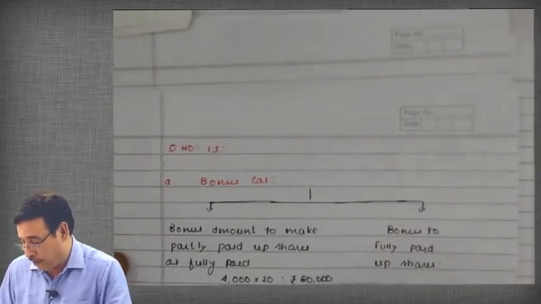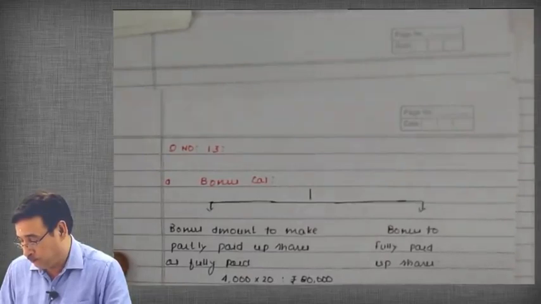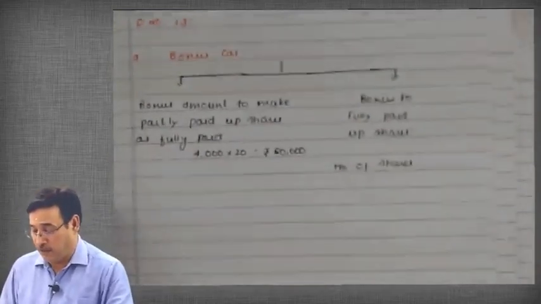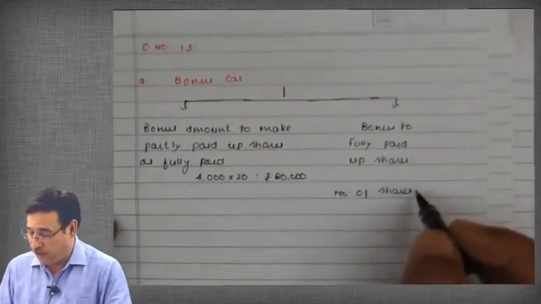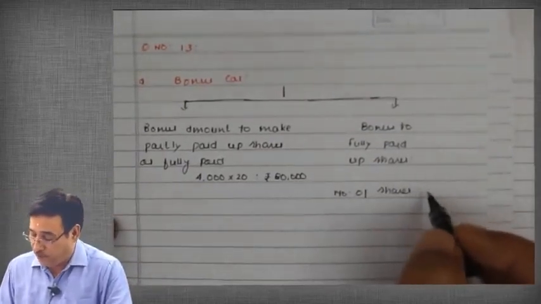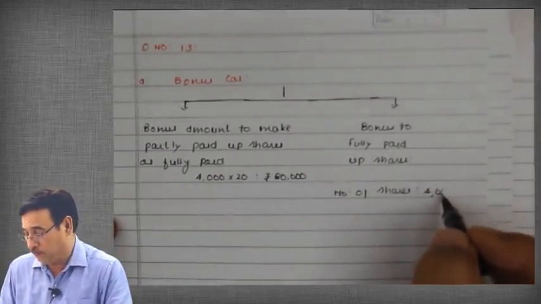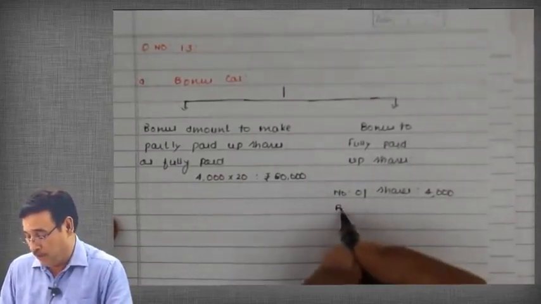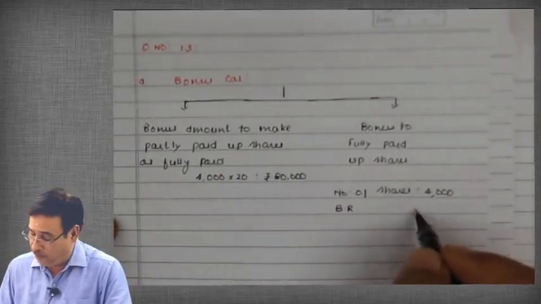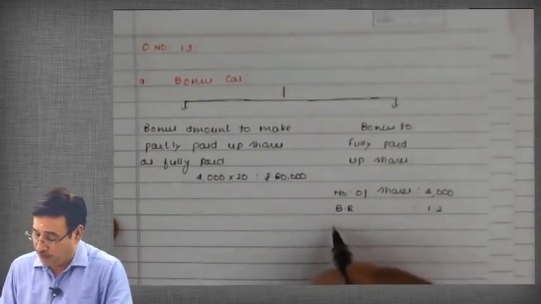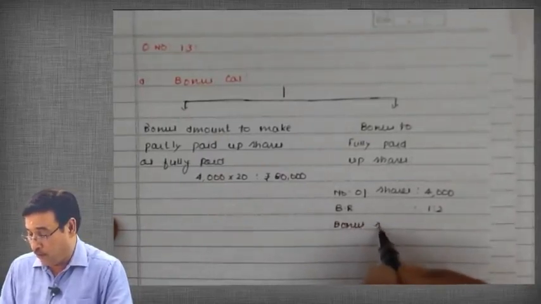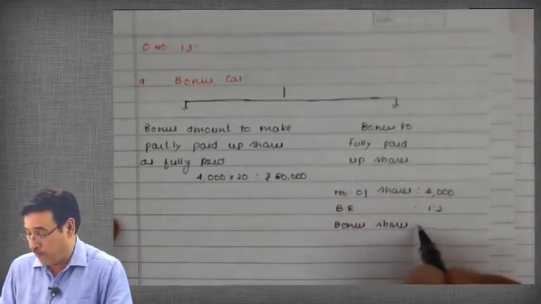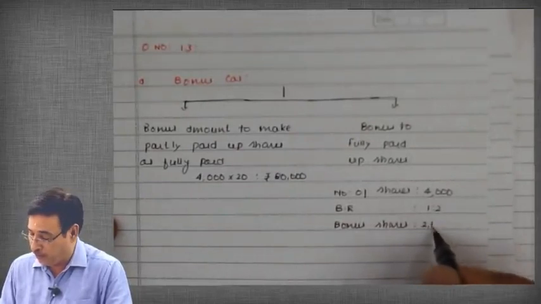For that we require number of shares. Number of shares, as you can see, is given in the question, that is equal to 4,000. Then you will write here bonus ratio. Bonus ratio is 1:2, and then you are going to compute the bonus shares. So bonus shares will be equal to how much? Bonus shares will be equal to 2,000 only.